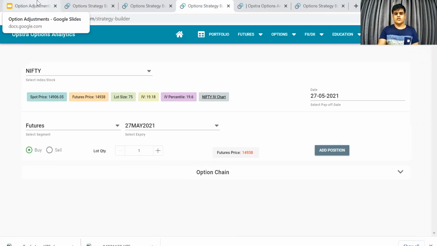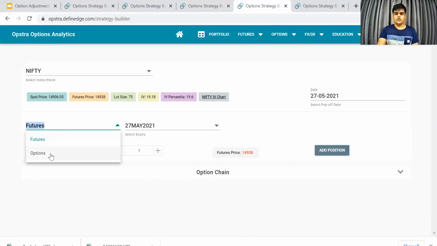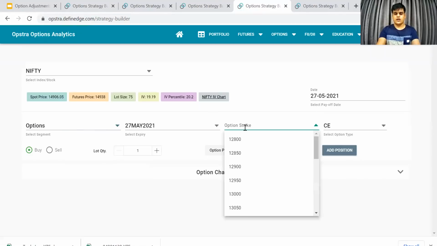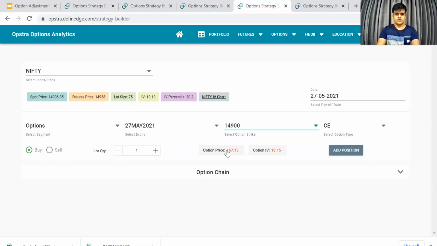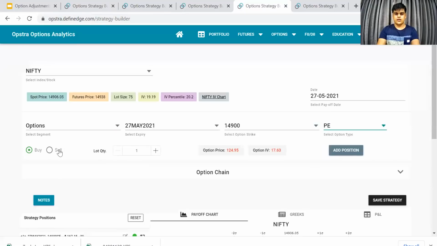So a long future is equal to C minus P. Suppose I do a long future, this will be the payoff. If I want to synthetically create this without trading the futures, I can do it with S plus P equals C, so long futures will be C minus P. So basically I'll buy the call and sell the same strike put. This will be equivalent to a long future.